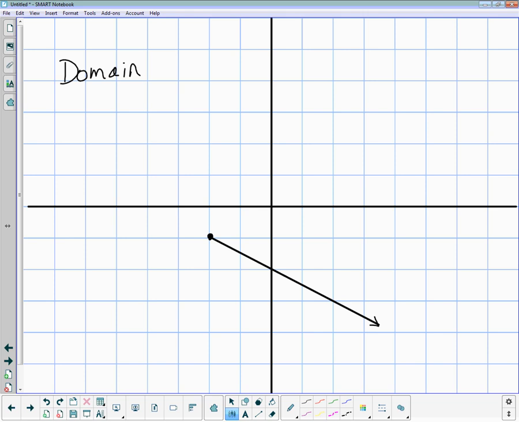Where do the x's begin? The smallest x we have. What's the lowest x, guys? The lowest x value you have. Negative 2. You see how that's the furthest point on the left. And what's the maximum x value? Well, how do you know it's infinity? An arrowhead. That arrowhead says forever and ever.